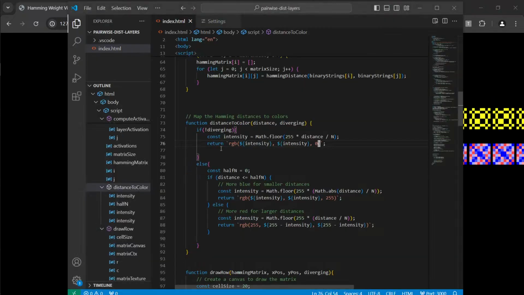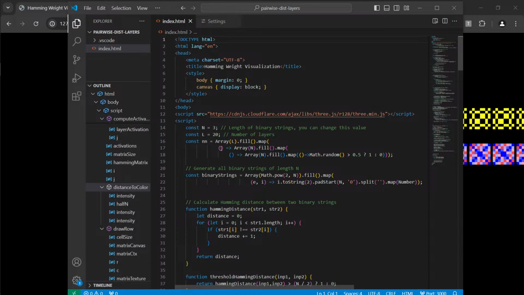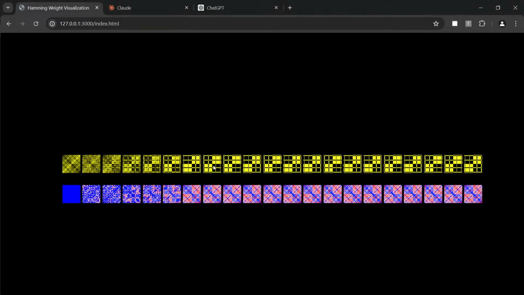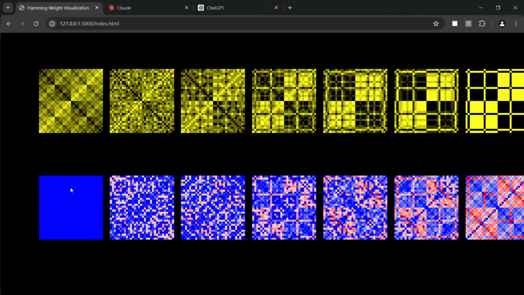Yeah, let's go back to a higher one. Let's go to 5. Ooh. That might break my computer. Oh, dang, man. Is that even working correctly? Well, anyway, here's an observation.